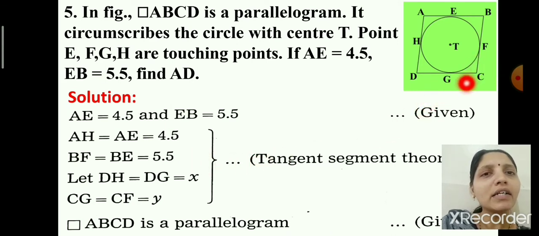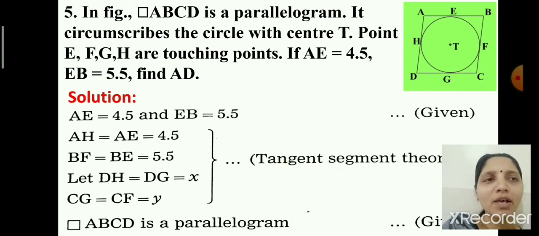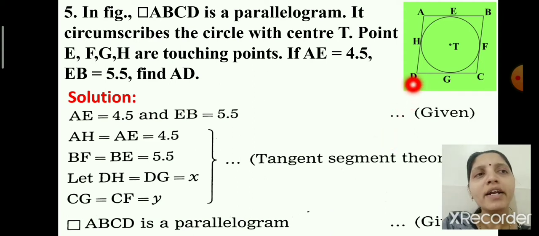Let DH is equal to DG is equal to X, because we don't know any of these value. Similarly, CG is equal to CF, that is equal to Y. All these equations, reason you can write as tangent segment theorem, because all these are tangents drawn from point outside the circle.